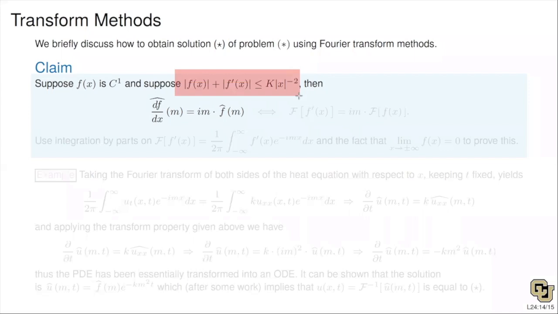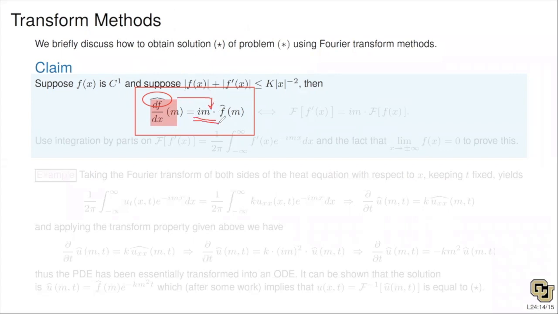So we'll make sure that f is a suitably decaying function, f and its derivative. The very nice property of the Fourier transform is that we can take an x derivative, apply the transform, and that will convert the derivative into a multiplication in frequency space.